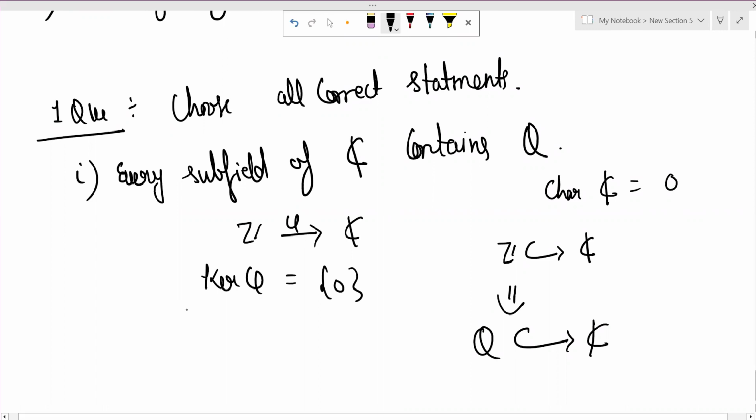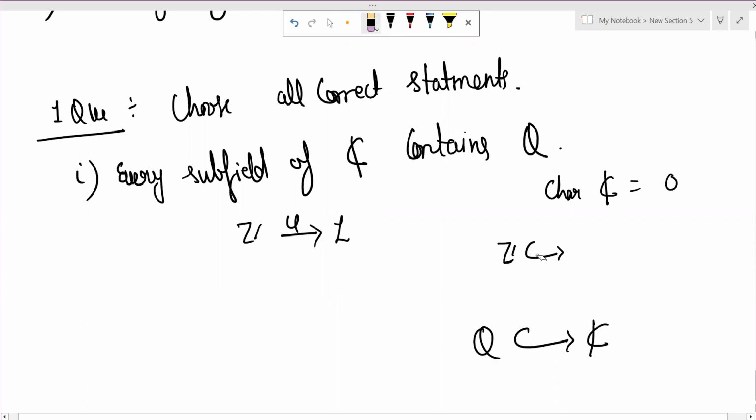Okay. So let me write it in another way. It will create a doubt for you. So if L is any subfield of C, so what can you do? So let's write it clearly, otherwise it will create some doubts in your mind. Characteristic.